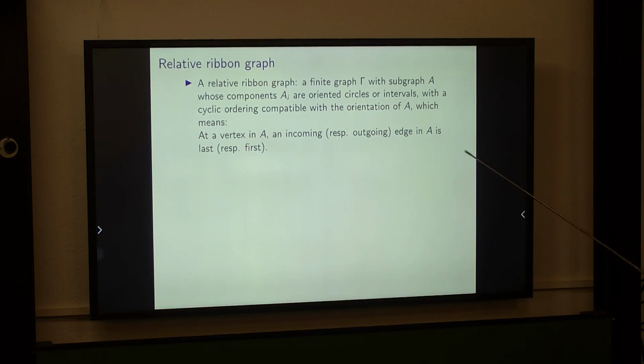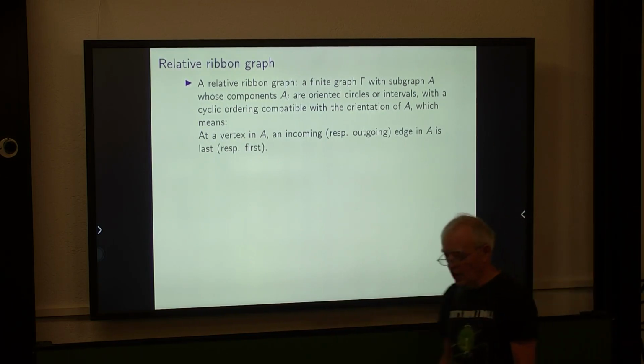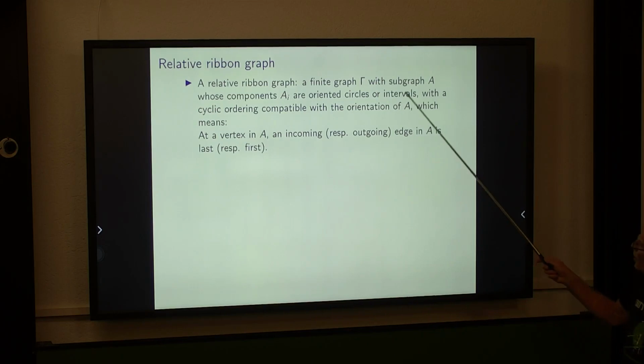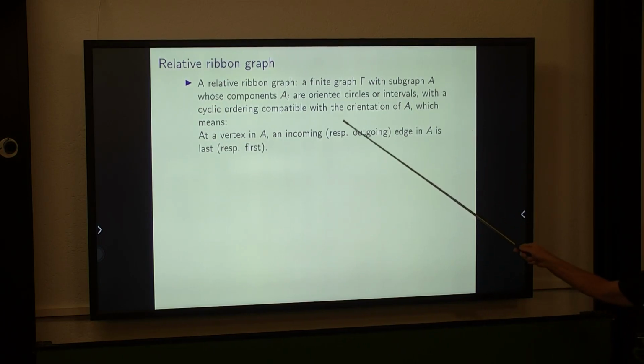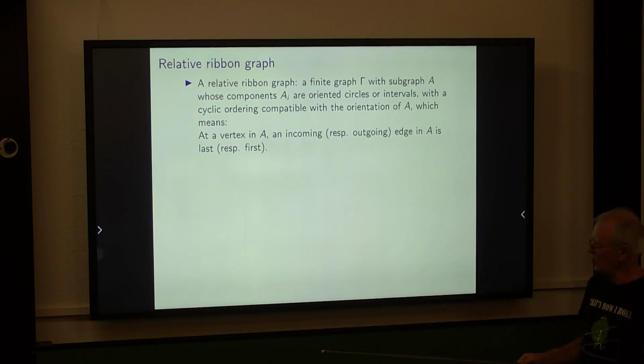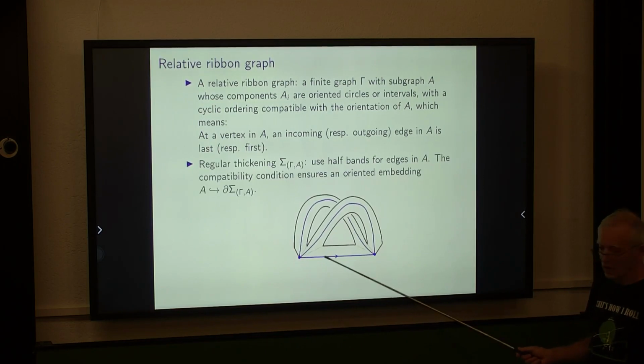This notion is relatively new. For me, it was inspired by the work of Norbert A'Campo on tête-à-tête graphs, if you know about this. So a relative ribbon graph will come with a subgraph A, whose components are oriented circles or intervals, and the cyclic ordering should be compatible. Compatible, maybe the best is to look at the picture.